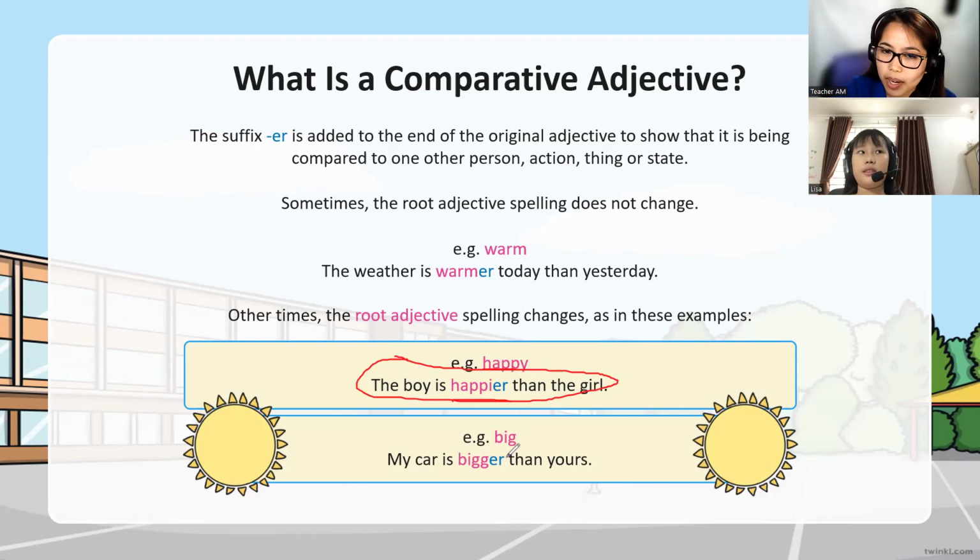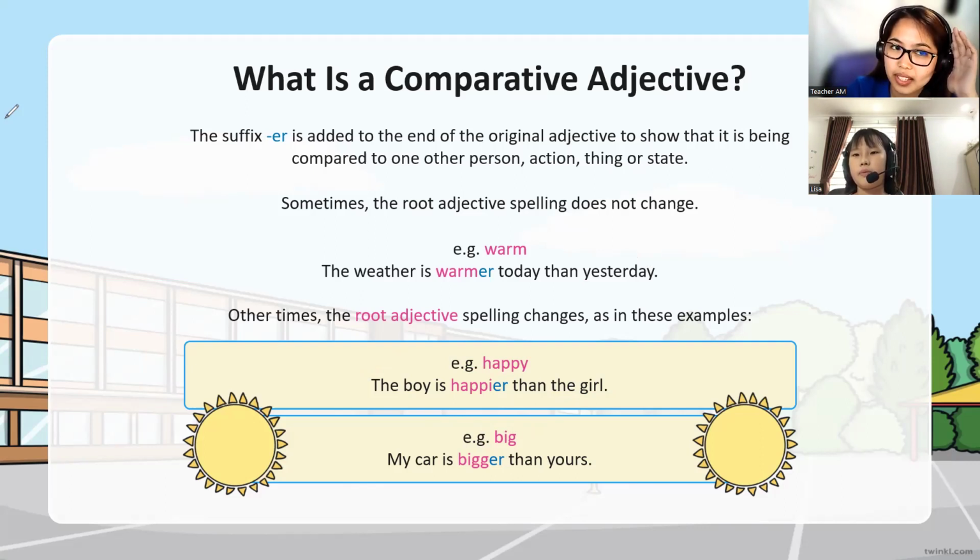Very good. So what about big? Look at the second to the last letter. We double the g. Why do we double the g? Here we double the consonant g if the second to the last letter is a vowel.